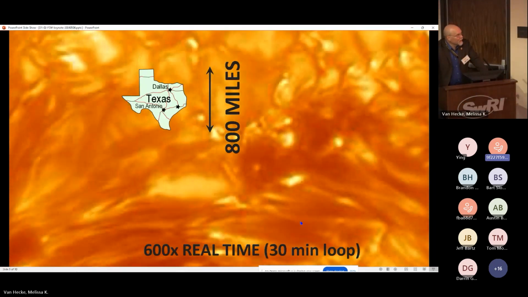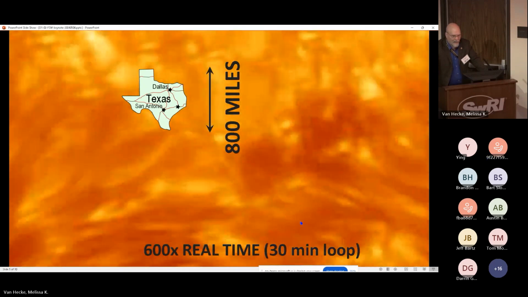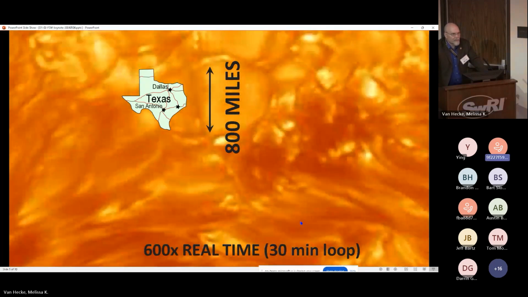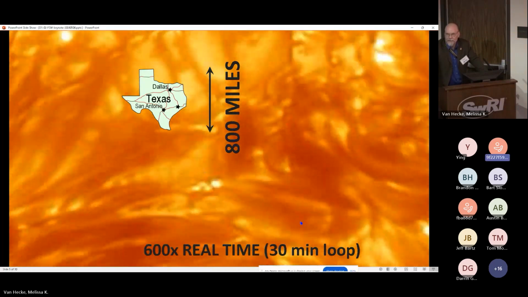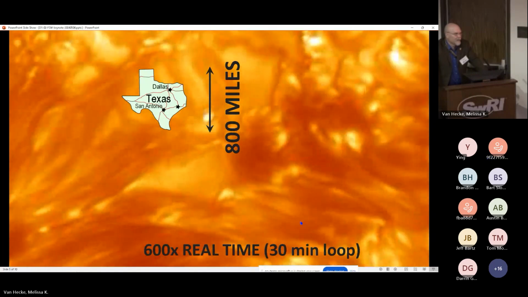If we zoom out a little more, this is Texas in the context of the sun. So this is a swirling mass of material on the surface of the sun. What you're looking at is something called granulation. And you may not have seen it before, but this is what grows the vegetables that you eat every day.